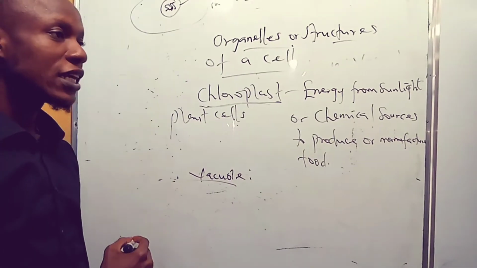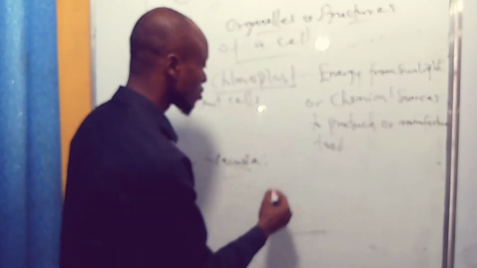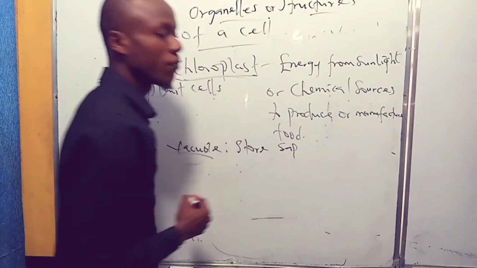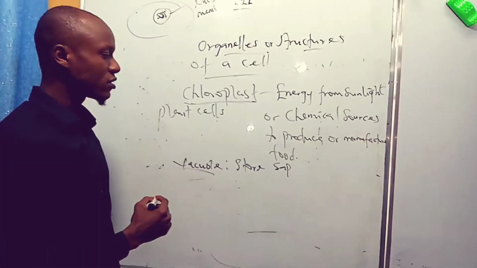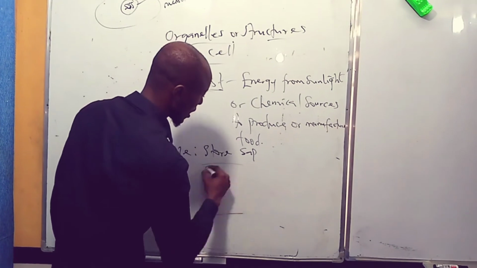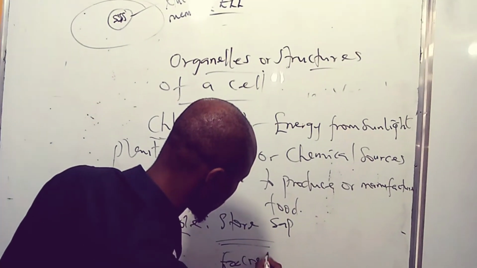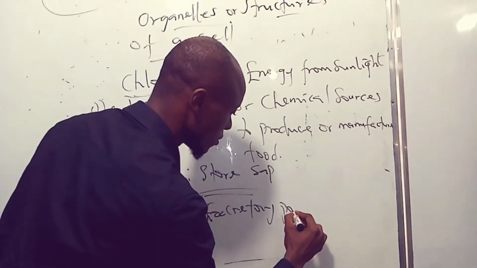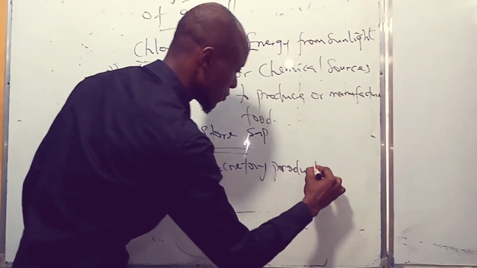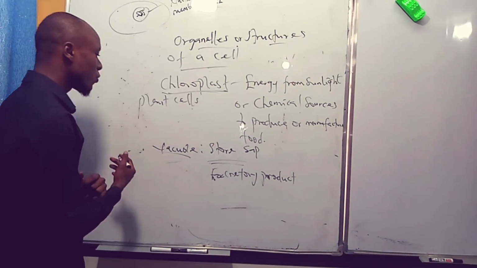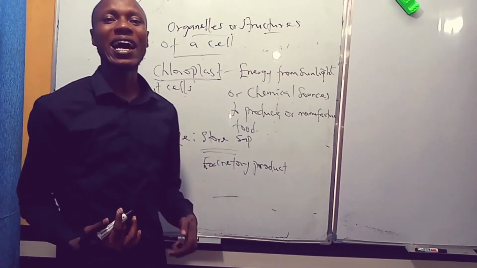The vacuole. This is an organelle that stores what? Sap. It stores sap in the cell, mostly what? You can call it excretory products. Excretory products.